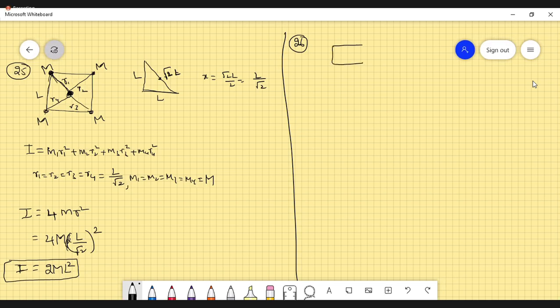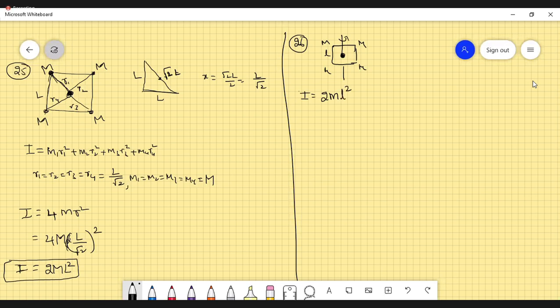Like before, we calculated the moment of inertia perpendicular to the plane through the center of the system with masses m and side L. So the moment of inertia I equals 2 m L square.